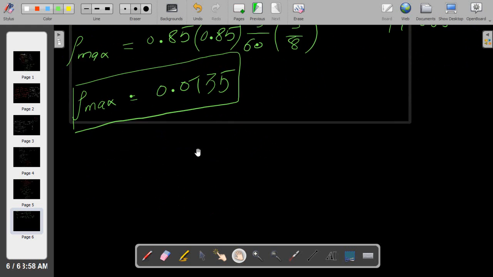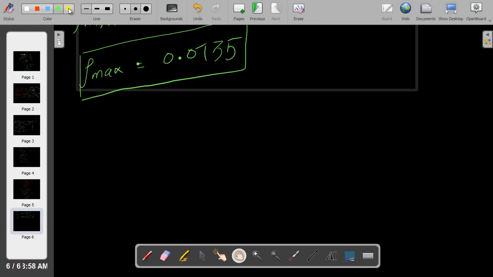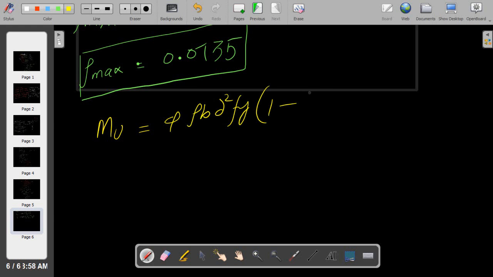Now we have derived an equation, I think in part 0302, for the ultimate moment Mu. We derived this equation, Mu equals phi rho b d square fy into 1 minus 0.59 times rho fy divided by fc prime.